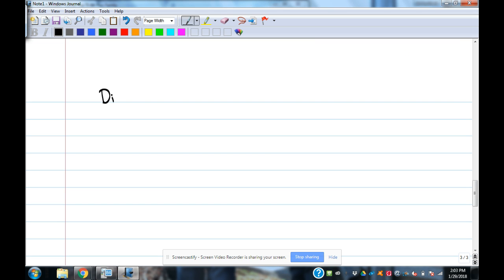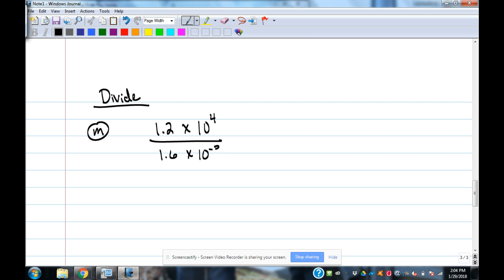The good thing is when you divide, the rules are still the same, okay? As far as how you do them, other than the exponent rule. What's the difference on the exponent rule when you're dividing? You subtract them. So if we had 1.2 times 10 to the fourth over 1.6 times 10 to the negative 3.